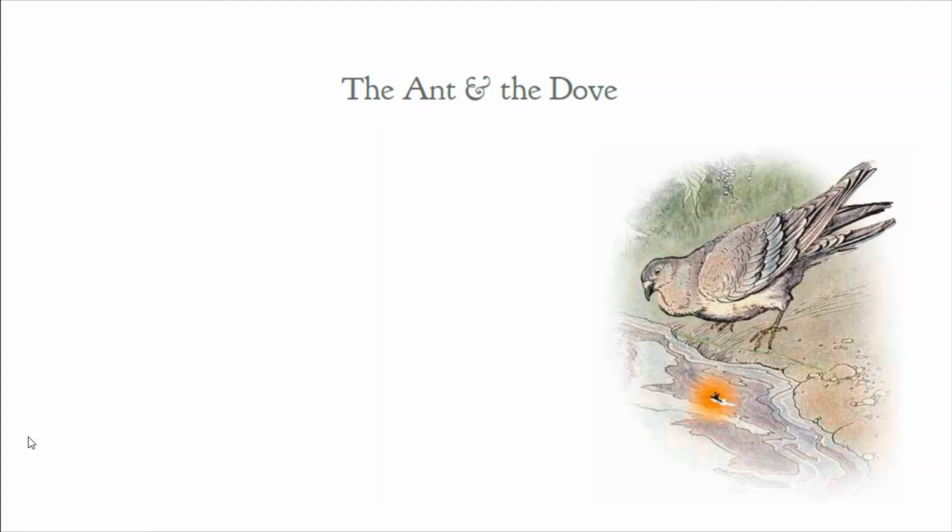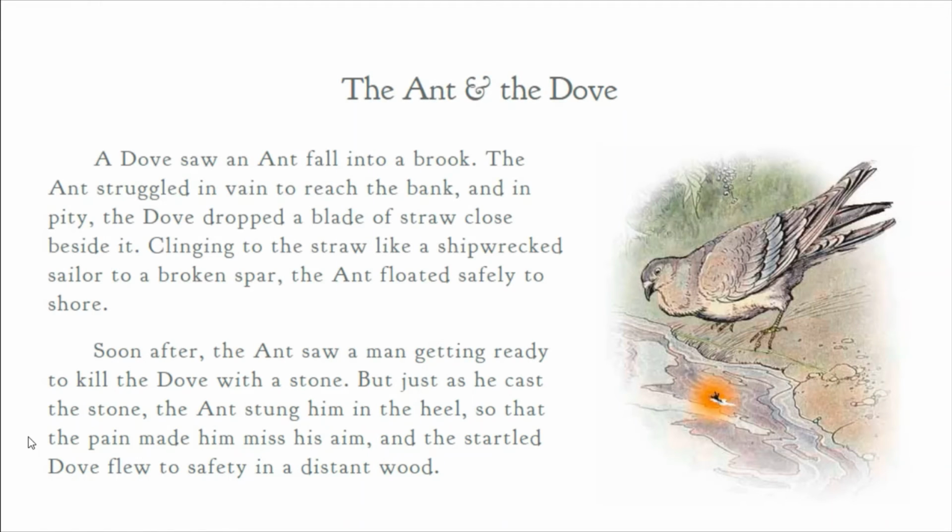Just like I did the last time, I'm going to read it and point out a few things. And then we are going to complete the story map graphic organizer together. Beautiful. Let's go ahead and start.